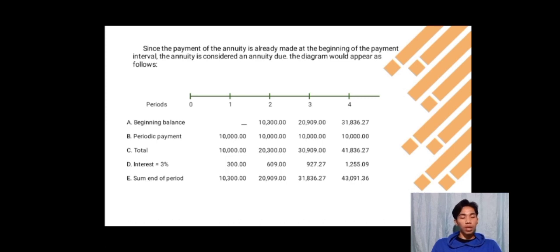Since the payment of the annuity is already made at the beginning of the payment interval, the annuity is considered an annuity due. So, this is the diagram of the annuity due.